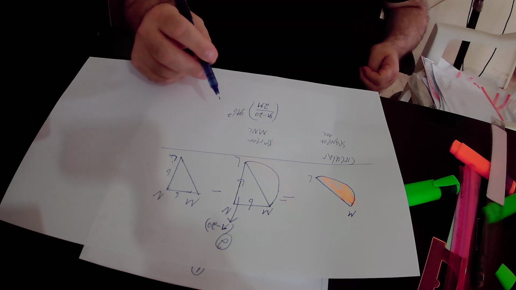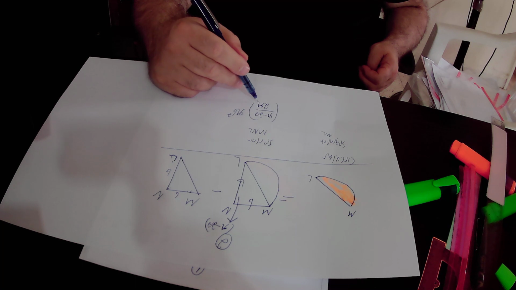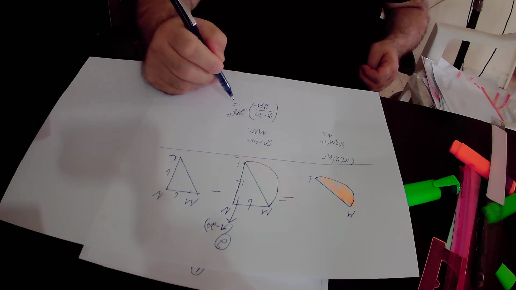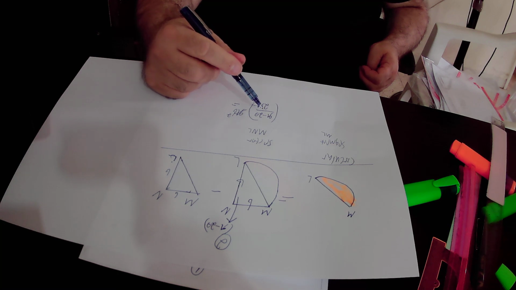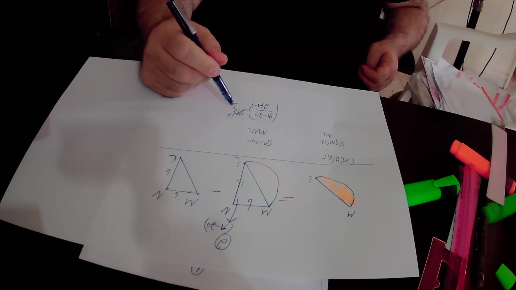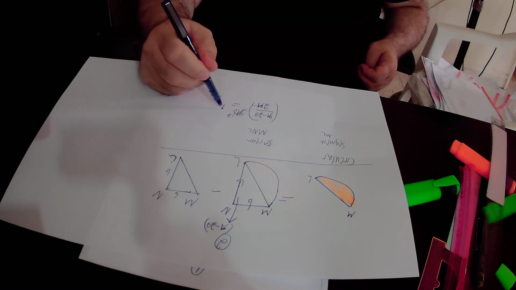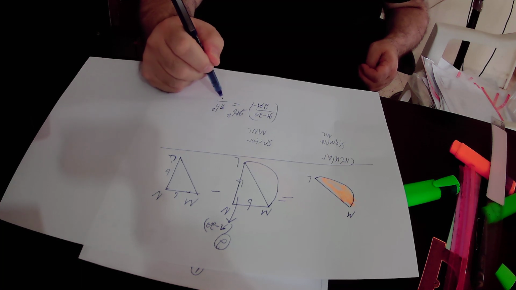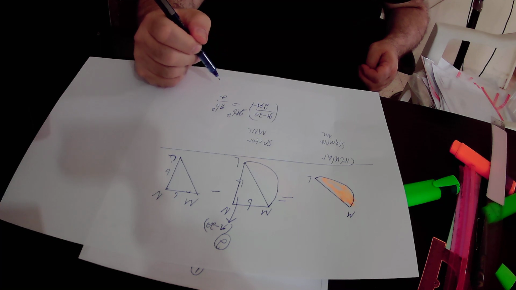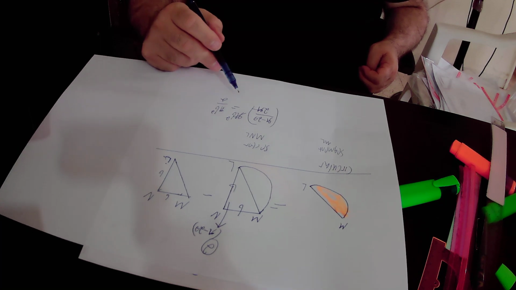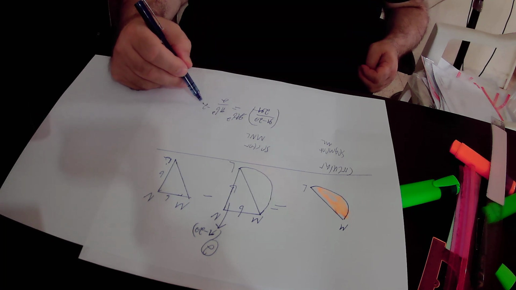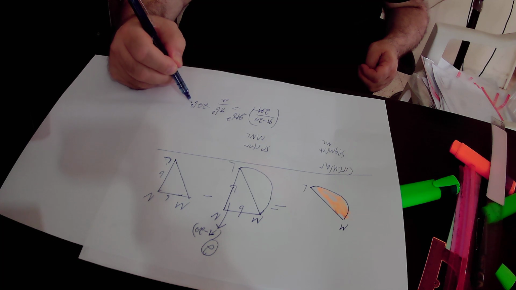So here we have pi in the numerator and pi in the denominator, so pi will get cancelled. We'll open the brackets here. Here we have pi times b squared over 2 and here we have minus 2 theta times b squared over 2.